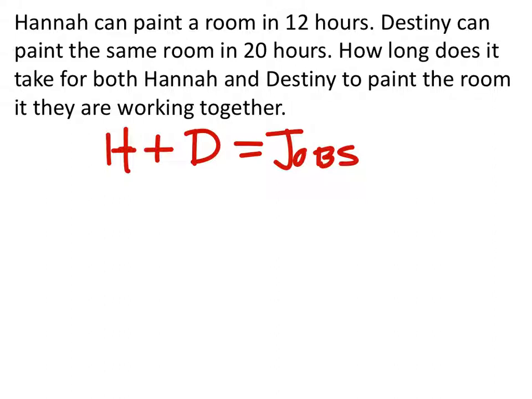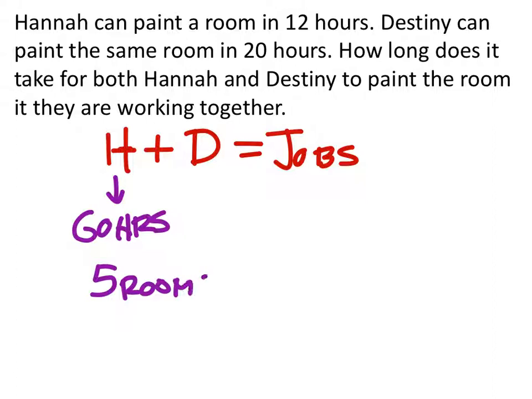So Hannah, if we're looking at 60 hours, then Hannah should be able to do 5 rooms. Then we've got Destiny. Destiny will paint the room in 20 hours, so if Destiny had 60 hours to work, we would expect Destiny to complete 3 rooms.